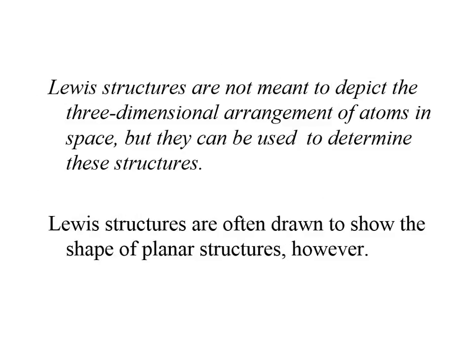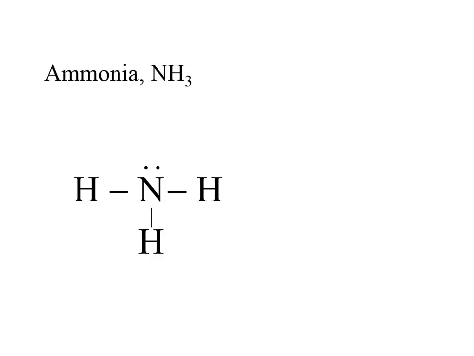So when we draw Lewis structures, obviously we're using paper and pencil, and it's two-dimensional. But if you know what you're doing, and we'll talk a little bit about this tomorrow and in Thursday's lab, you can actually infer 3 dimensions from your 2-dimensional drawing. So let's look at a few.